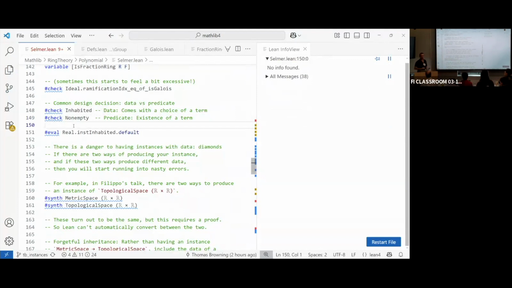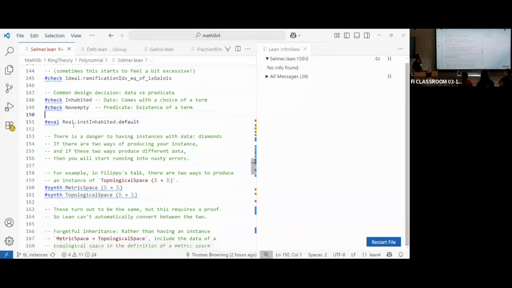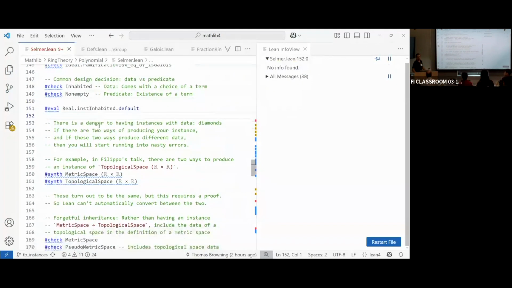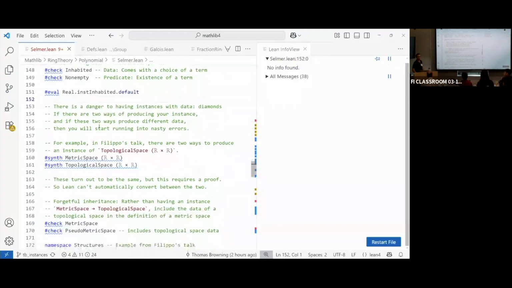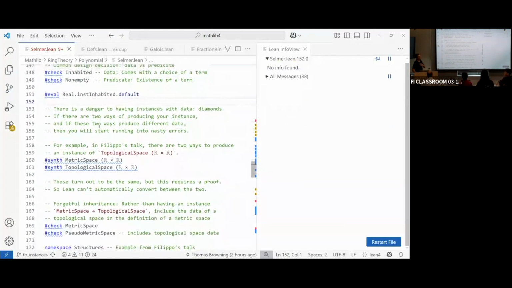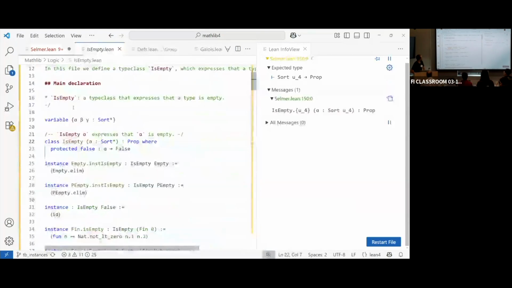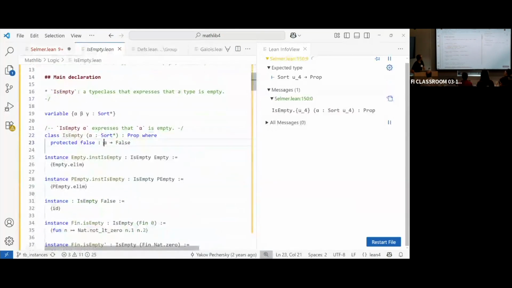They need excluded middle to show that non-empty. Is it true that for any type, it is either non-empty or empty? It is true, but maybe it requires excluded middle. What is the definition of empty? That is a good question. Empty as a type, or is empty as a predicate? Is empty means you have a function that takes elements and sends them to false.